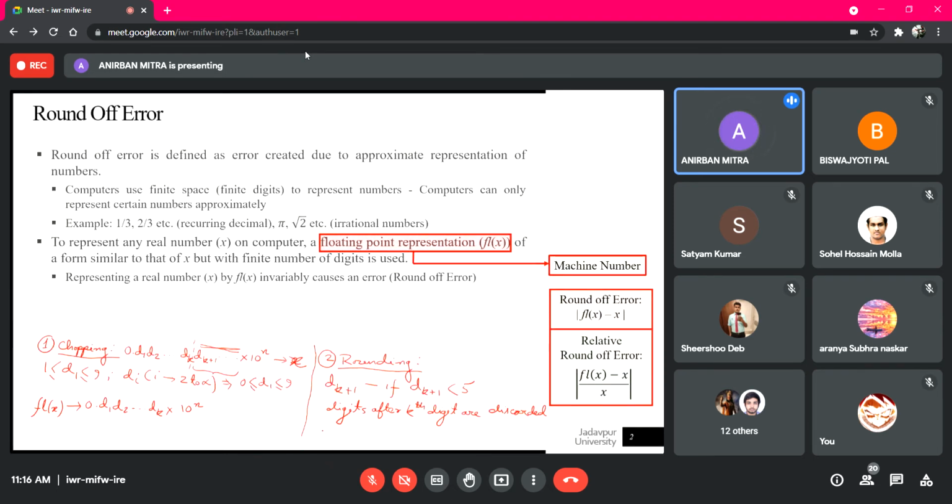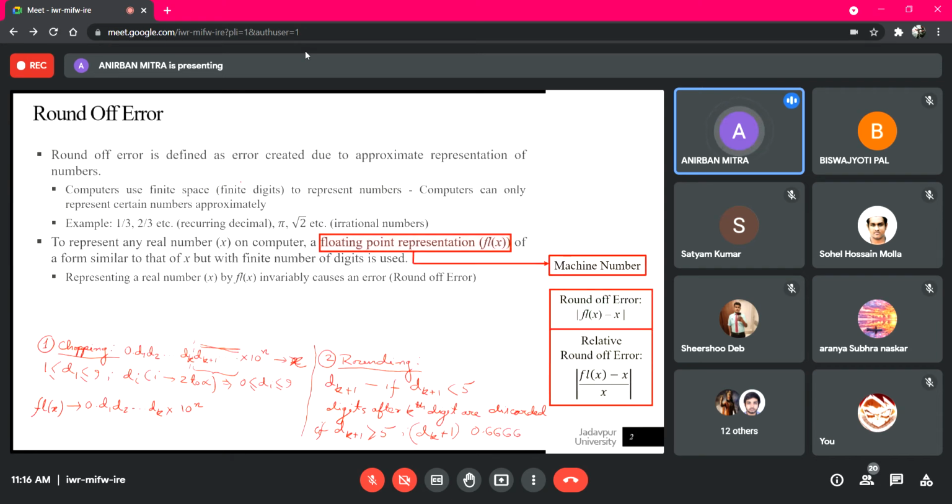However, if this dk+1 is greater than or equal to 5, then we add 1 to the kth digit. So dk becomes dk+1. Quite simply, consider the case of, let's say, 0.666 like that.